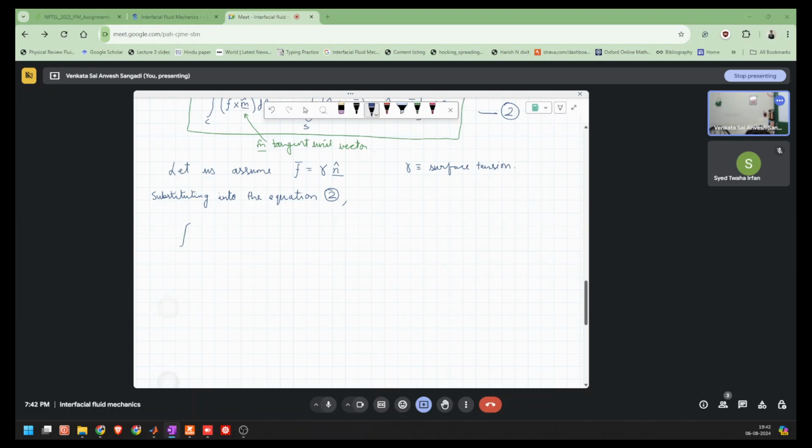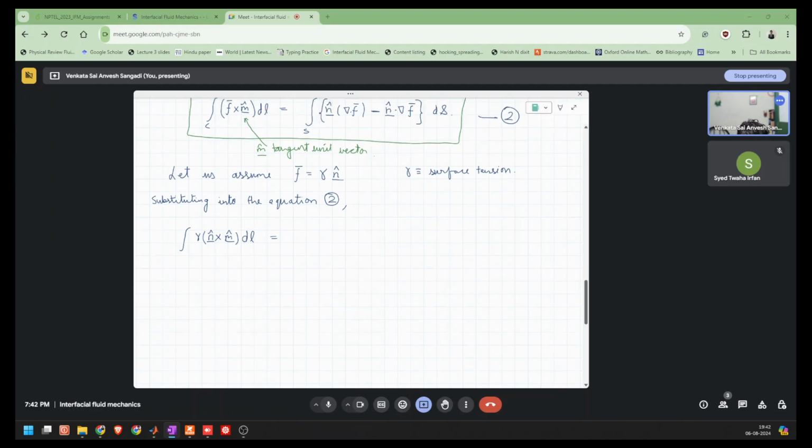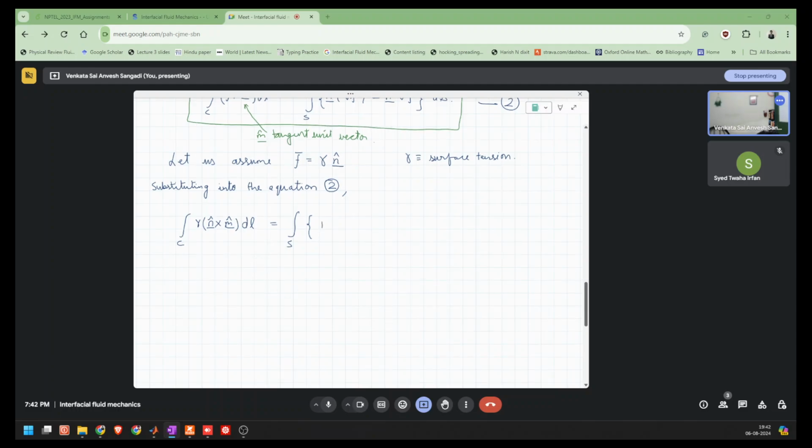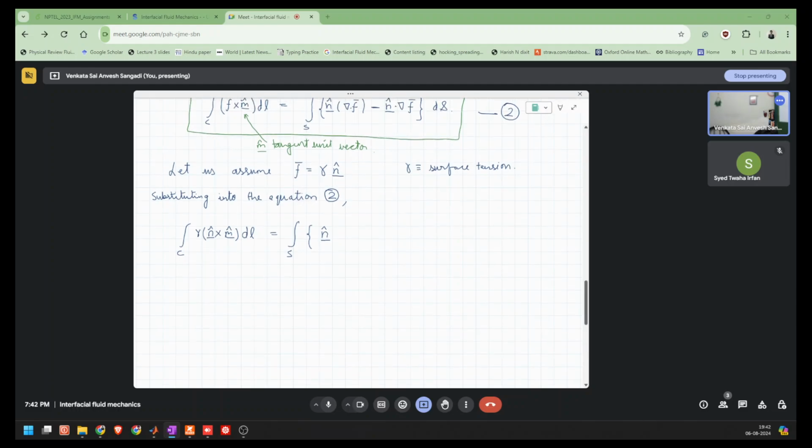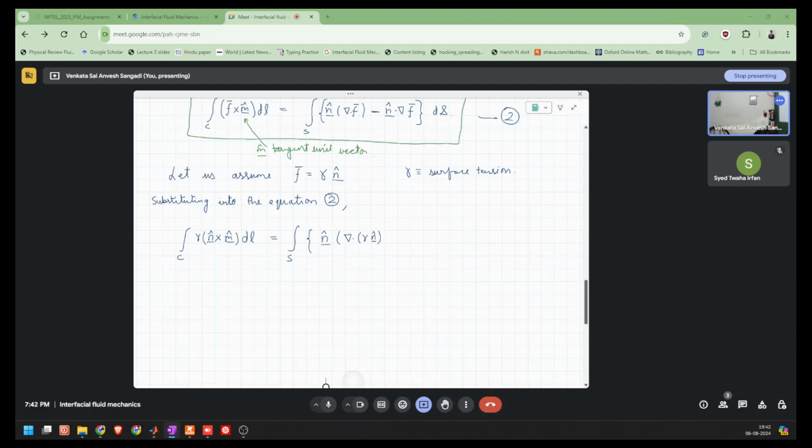Now we have gamma n cap cross n cap dl, which is equal to the contour integral of n cap divergence of gamma times n hat minus n dot gradient of gamma times n cap.